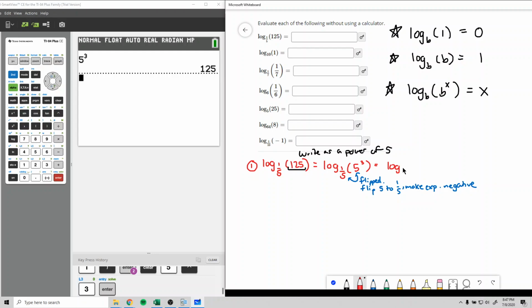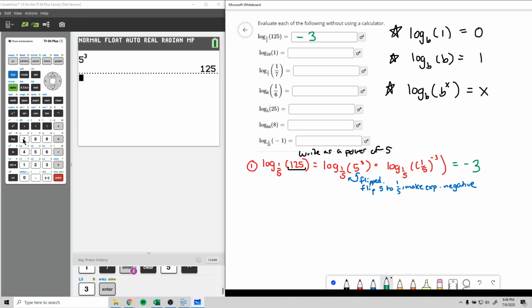So we got log base 1/5, 5 becomes 1/5, and the exponent 3 becomes -3. And now this is the 3rd rule. The base and the base of the exponent inside are both 1/5. They match, so this equals the exponent, which is -3. So log base 1/5 of 125 is -3.